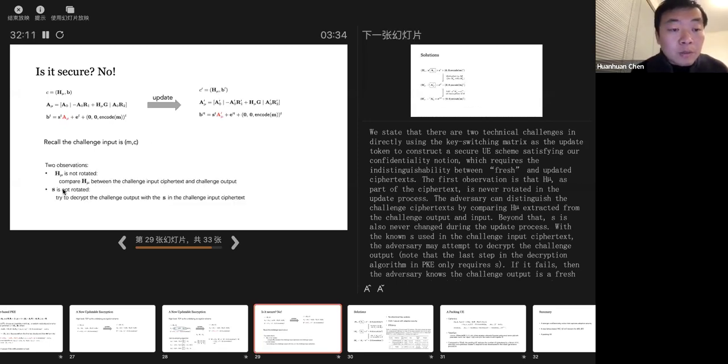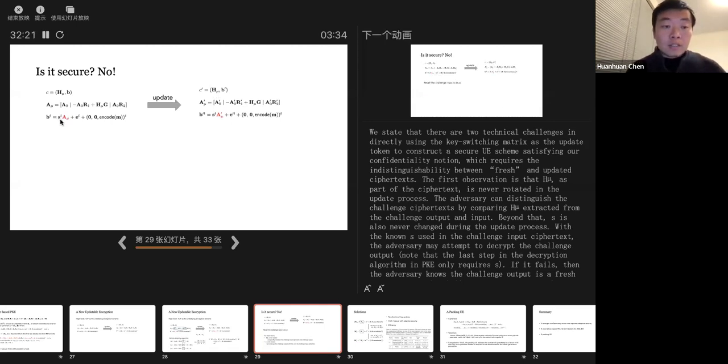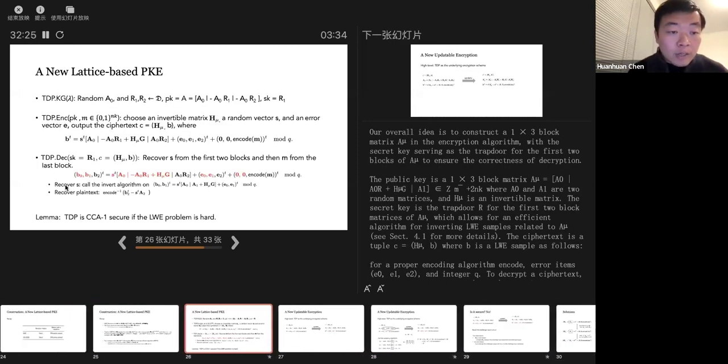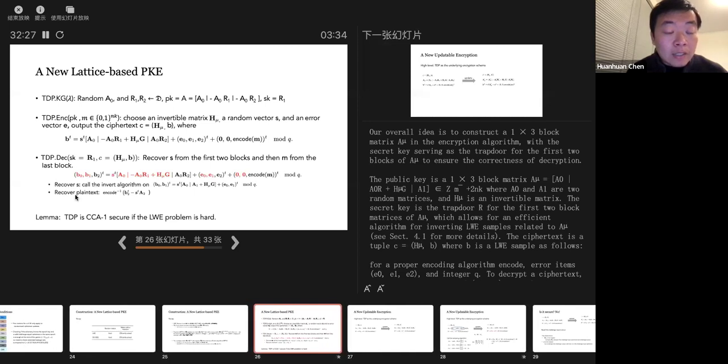Another observation is that S is also never rotated. Remember that in the decryption part, it first recovers S, and with S the message can be recovered.